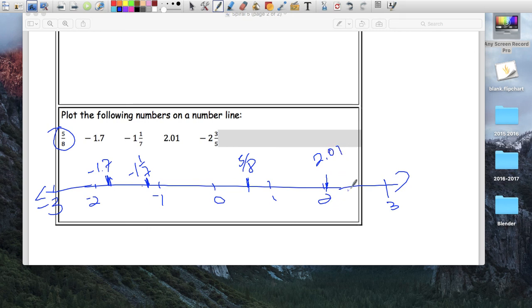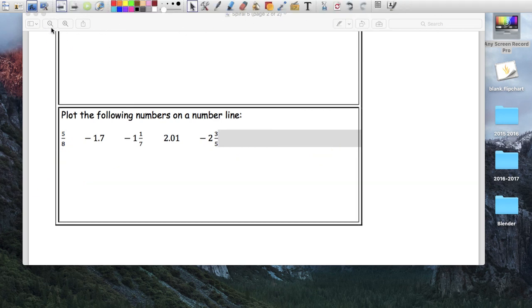And then negative 2 and 3/5, near 2 and 3. Closer to 3. Good. That's 2.6, a little bit more than half. Negative 2.6. This is Sherry. This is Marissa. Bye! Done.